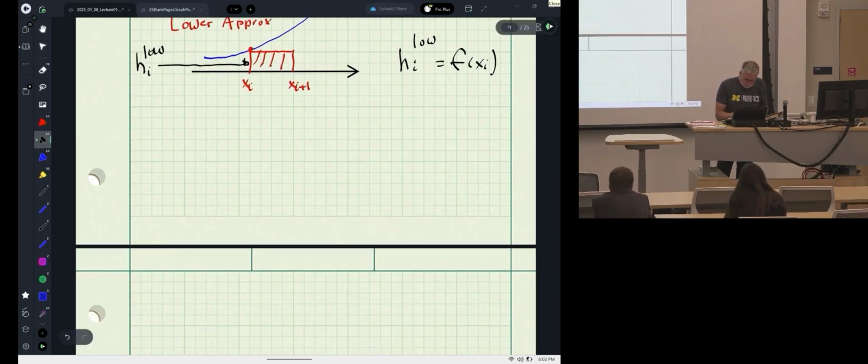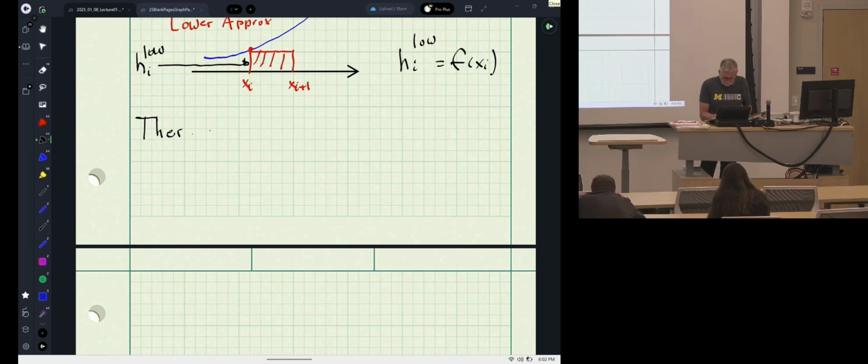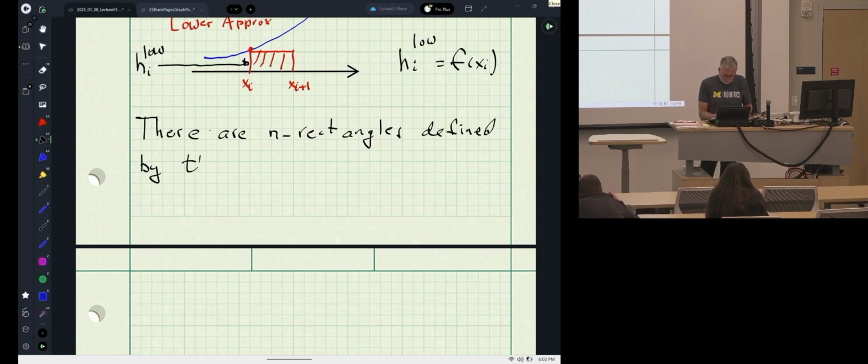So there are n rectangles defined by the n plus 1 points x1, x2, dot, dot, dot, xn plus 1.